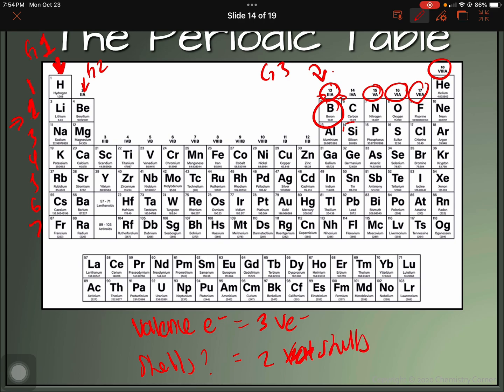So what will my boron atom look like? We're going to have that center. We're going to have 1, 2 shells. And then on the outermost shell, I'm going to have 1, 2, 3 valence electrons. There's a little bit more that goes into this, but this is just the basics of how we know the number of valence electrons and how many shells the atom has.